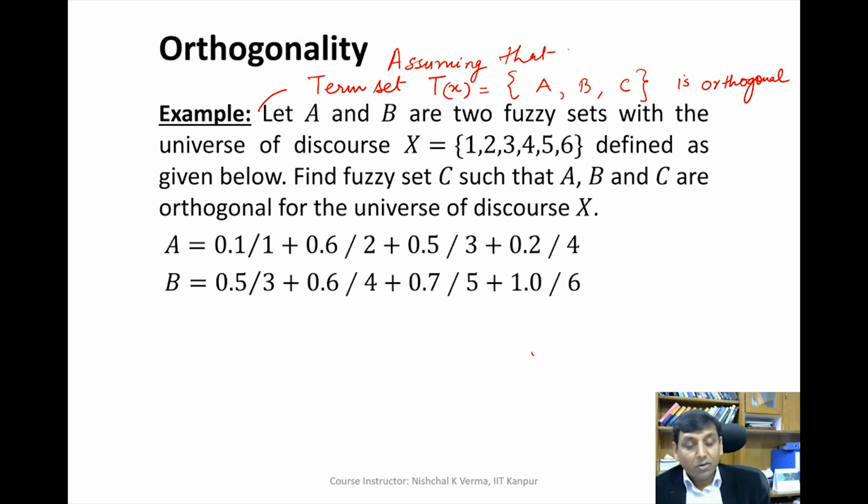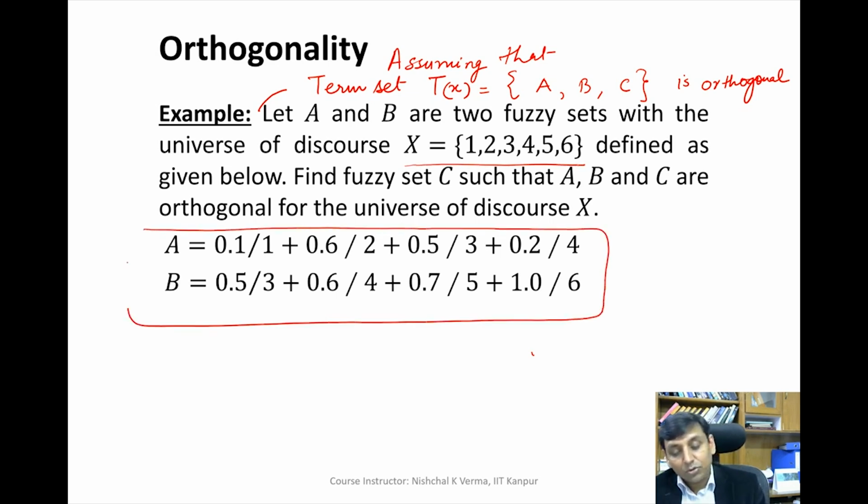Out of these, two fuzzy sets A and B, in the universe of discourse 1 to 6, are known to us. Now the question is, if the term set Tx is orthogonal, then what is the fuzzy set C?